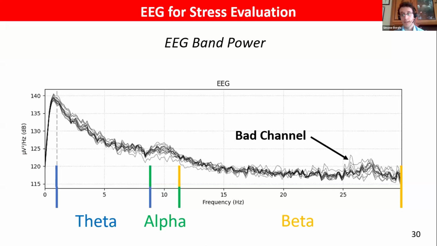Each one of the lines of the spectrum corresponds to the power spectrum obtained from an individual channel. The presence of an unusable channel caused by motion artifacts or loss of contact, also called bad channels, is already identified as a line of the spectrum that departs from the average channel behavior.